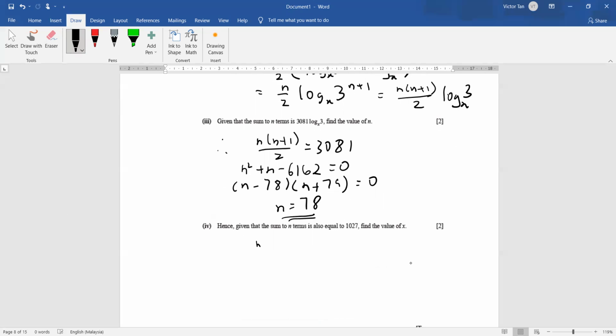So n plus 1 over 2 log x3 equals 1027. So this is 3 to the power of n.